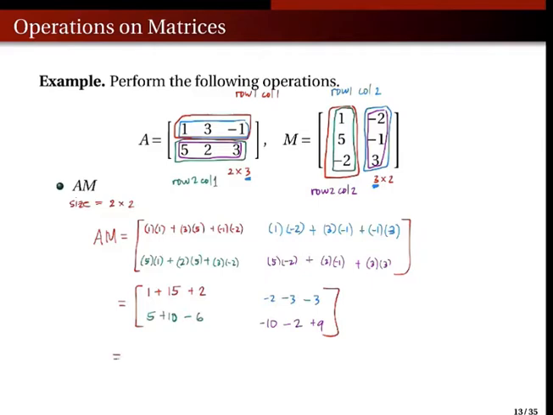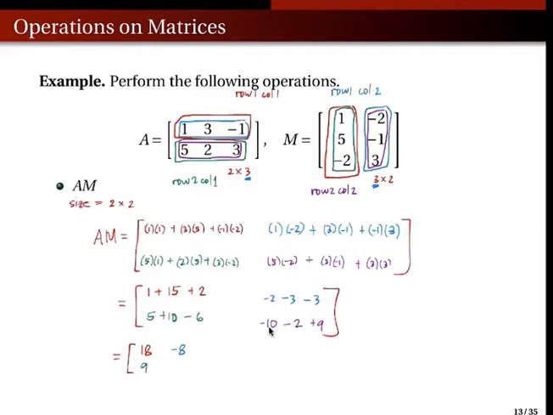And let us write now the actual entries. So, 1 plus 15 plus 2, that's 18. In here, you have minus 2, minus 3, minus 3. That's minus 8. Please check my arithmetic. Then here you have 5 plus 10 minus 6. That's positive 9.